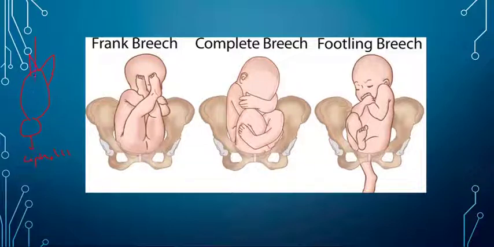When the baby is lying along the axis of the maternal uterus, like if this is the uterus and the baby is lying along the axis, or you can say perpendicular, that is what you call longitudinal lie.